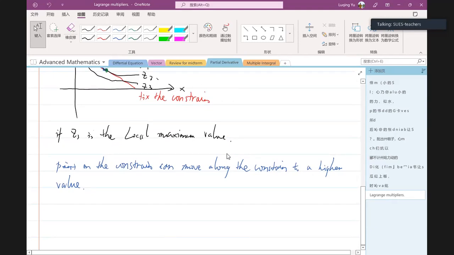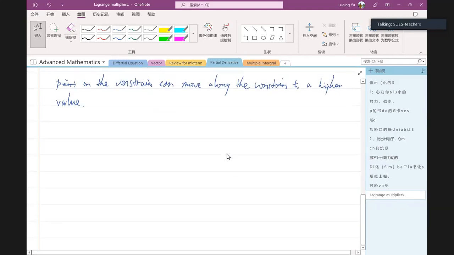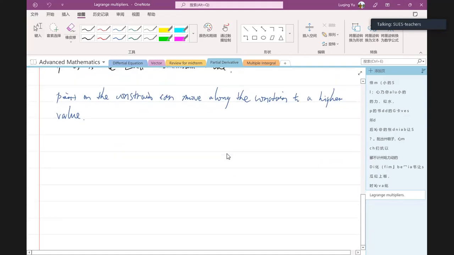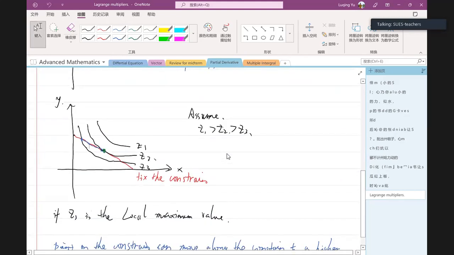As long as we know that this is a tangent line, because this is a contour plot, we also know the gradients. So this is the gradient.